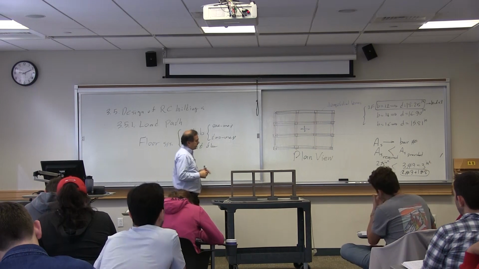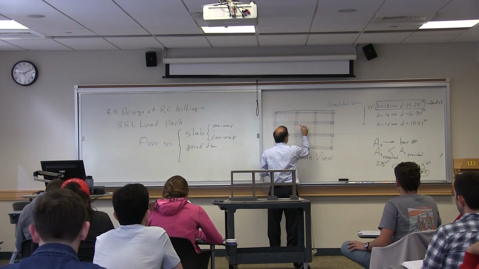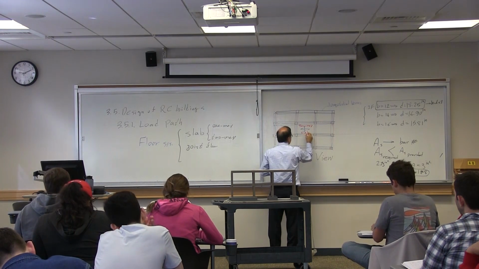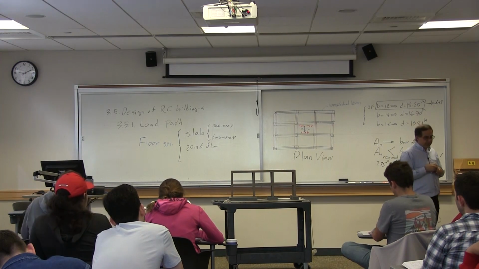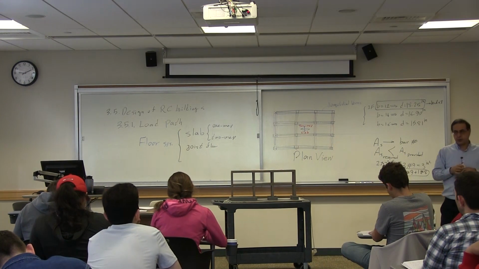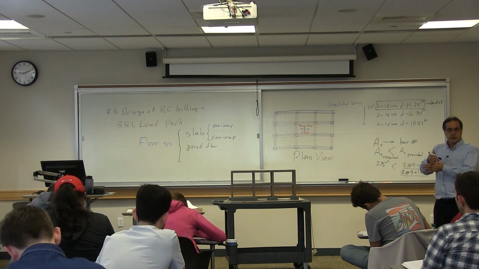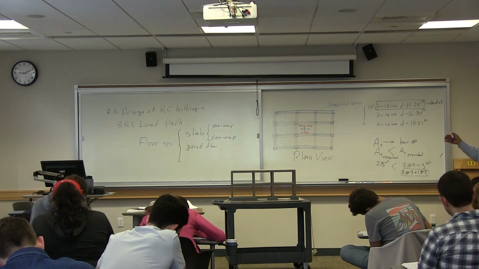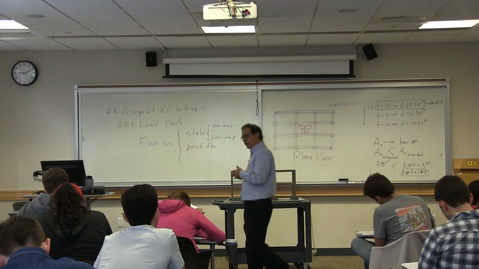We call this slab a two-way slab. What does it mean, a two-way slab? That means the slab transfers the load in two normal directions. Some of the loads go in the longer direction, some of the load goes in the shorter direction.